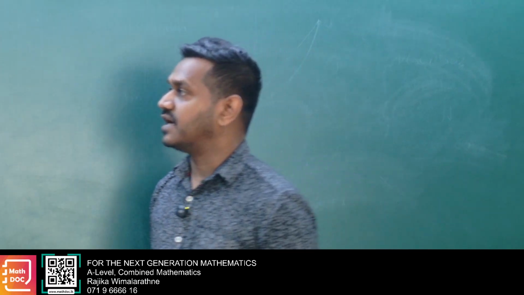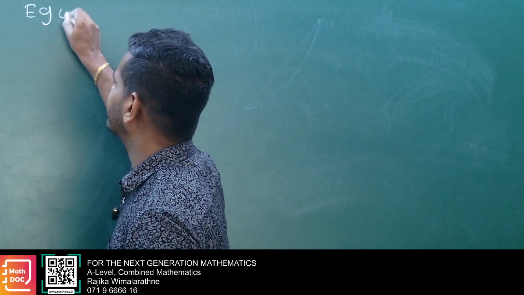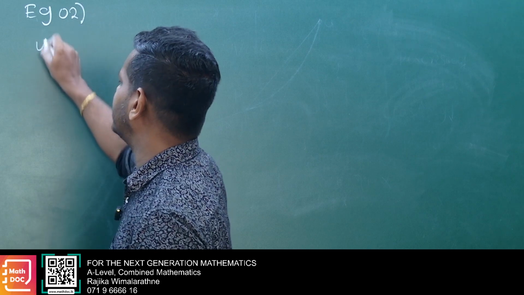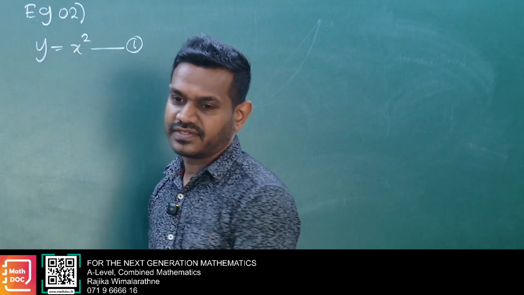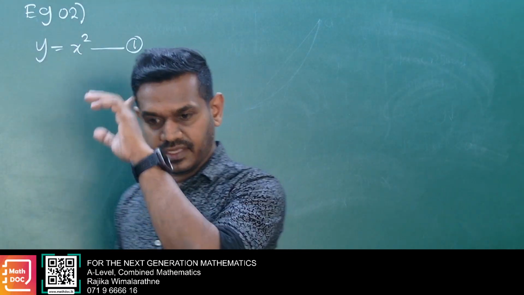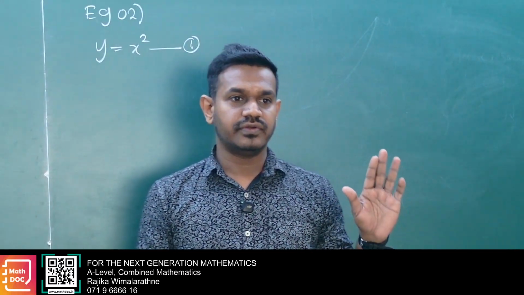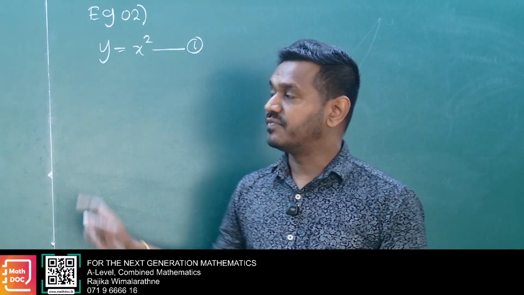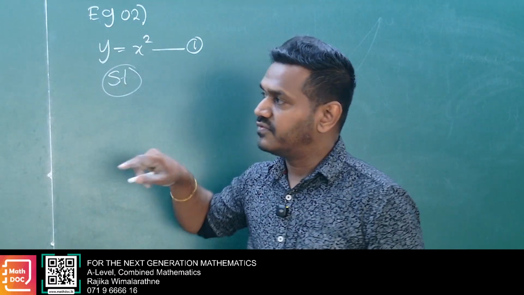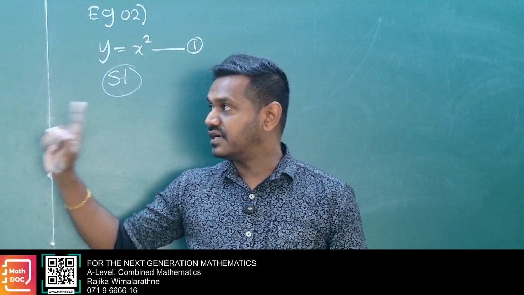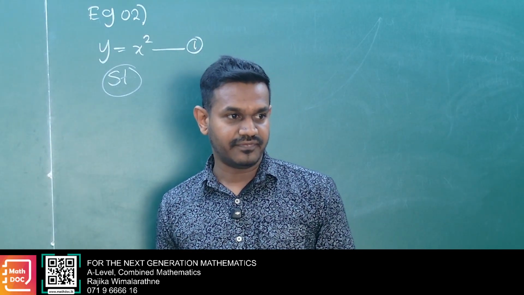Now see another example. Example 2: consider y equals x squared. I'm going to find the derivative here. Now write the previous statement: let a small increment delta x be given to x, then the corresponding increment in y is delta y.